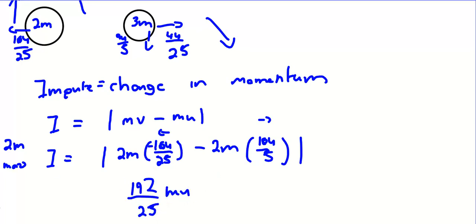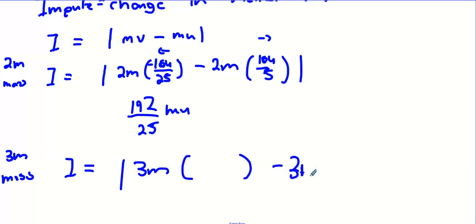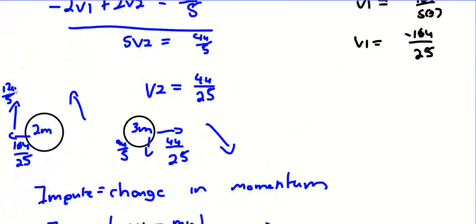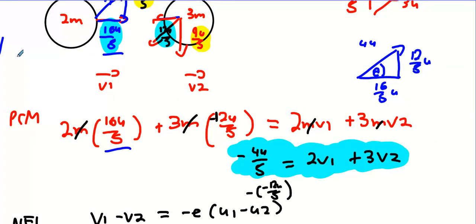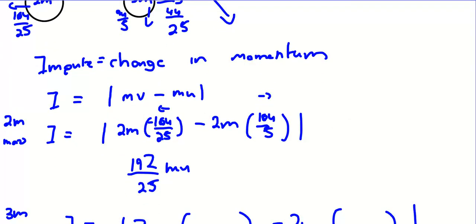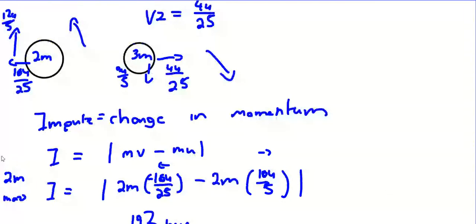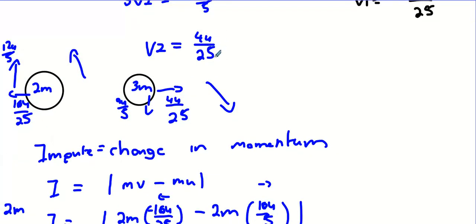Okay, I would also do the 3m mass just to show you that it also works. So the impulse of the 3m mass is going to be 3m times its final speed, take away 3m times its initial speed, and get the absolute value of that, so it has to be positive. In this case, it's 12u over 5 at the beginning, and then at the very end, we knew it was 4u over 25 to the right.